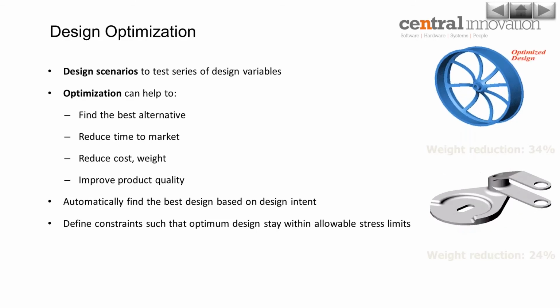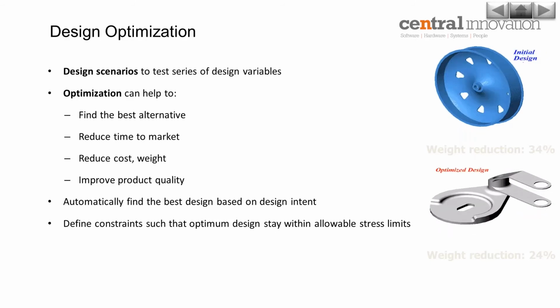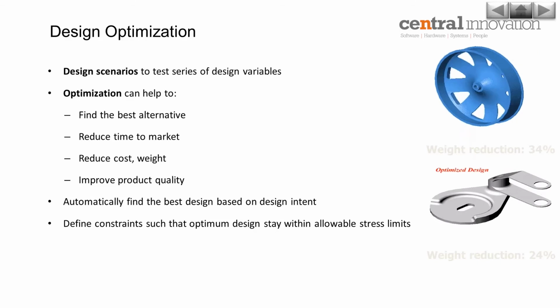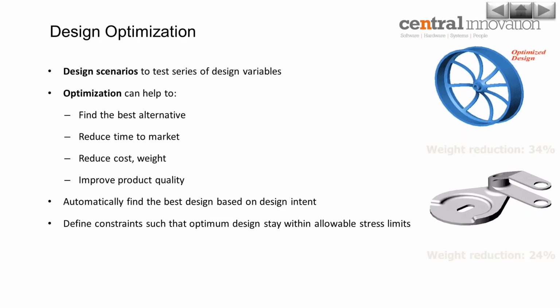It will automatically do that and give you a thickness value. This is another example. I put an animation in this slide. By using optimization and design study, once you choose the variable, you can easily find the best value out of those variables in less time.